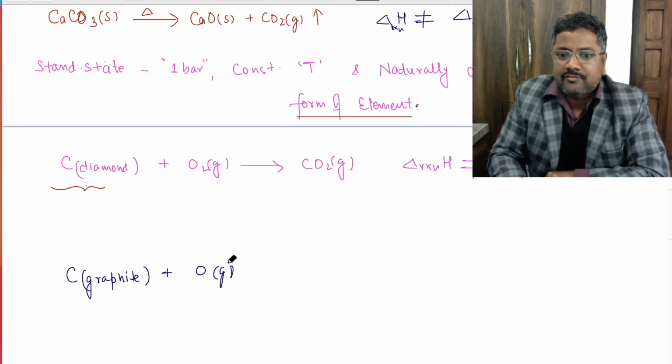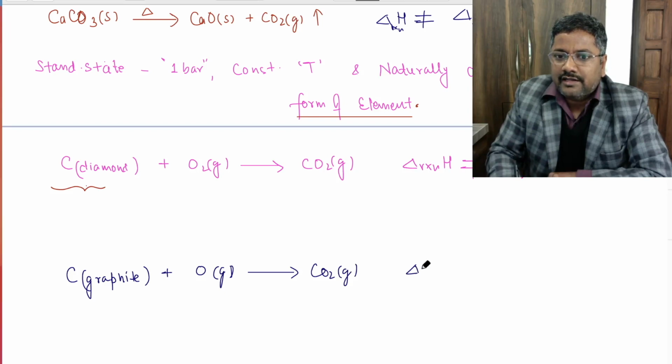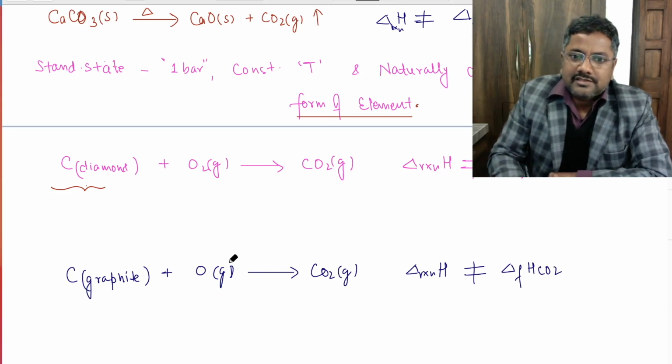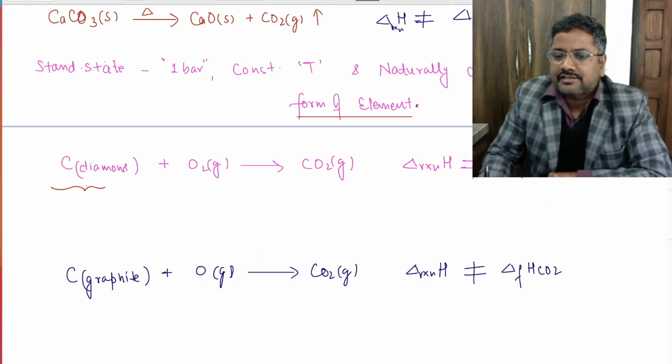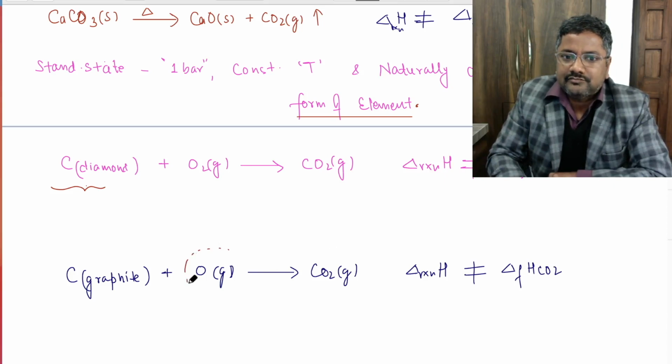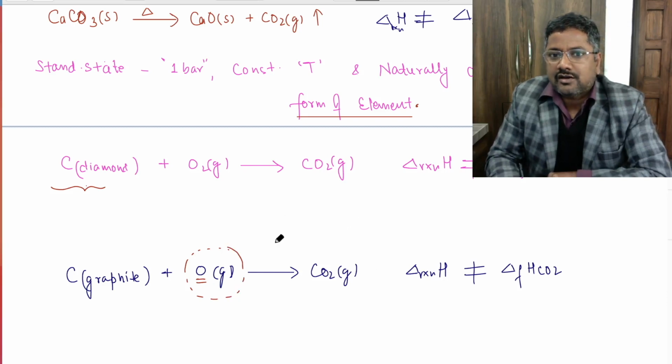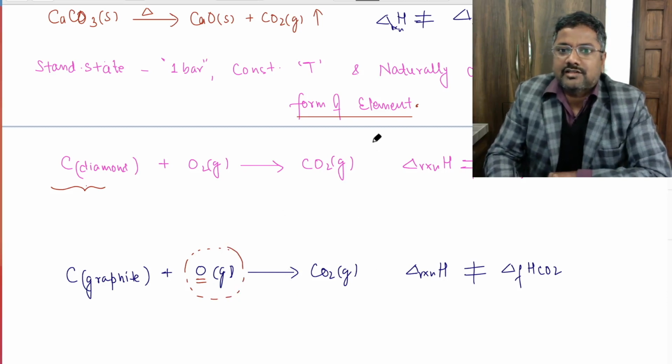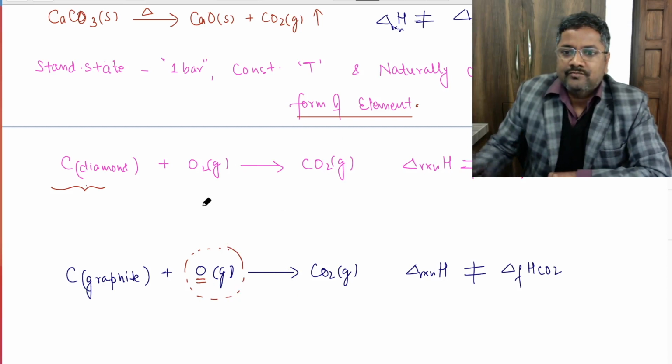Suppose you have taken O gas and you are getting carbon dioxide gas, this time also the enthalpy change of this reaction is not equal to the enthalpy of formation of CO2. Why? Because this time oxygen is not given in its most stable form. Here I have given O, so this is also not the most stable form of oxygen. The most stable form of oxygen is O2.